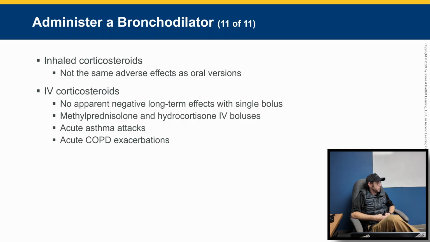Because where do they go? Directly to the lungs. They're not going to the bloodstream. They're going directly to the tissue in the lungs. So most of their effect is concentrated in the lung tissue. So we don't see a huge change in their immune system function when we're doing the inhaled steroids.